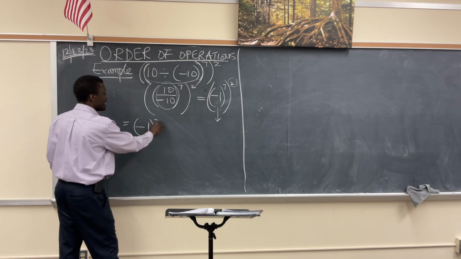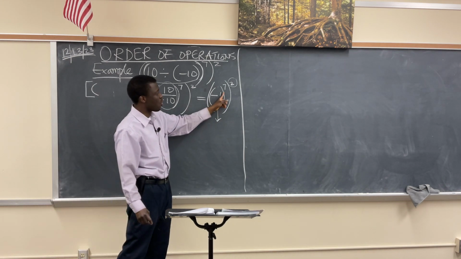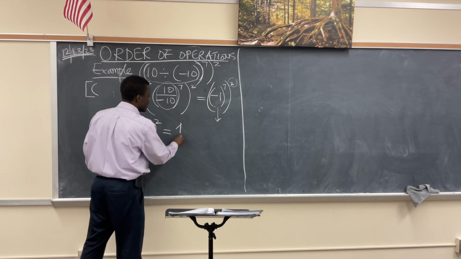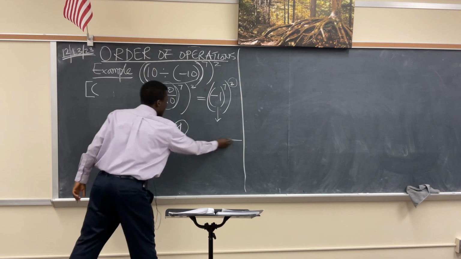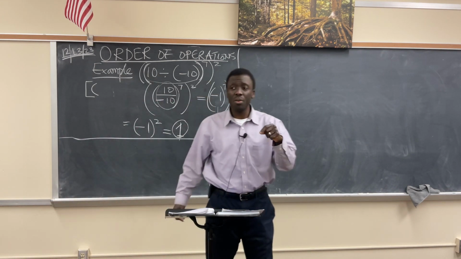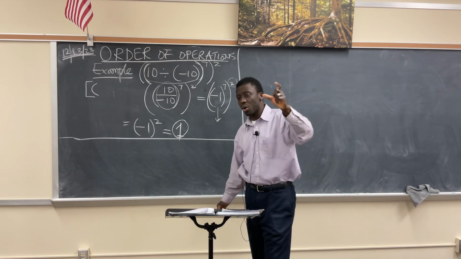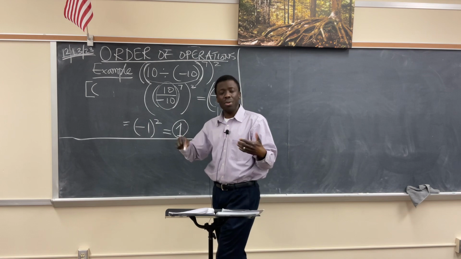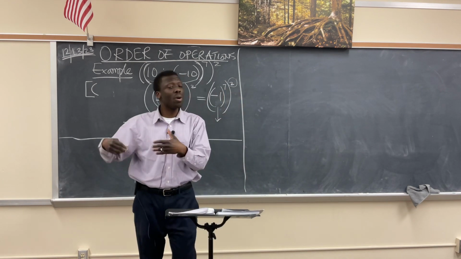So you've used up -1 to the 7th power, and now you have -1 squared, and the answer is actually 1. Here's the interesting thing about this problem. A negative number raised to an even power will give you a positive answer. A negative number raised to an odd power will give you a negative answer.